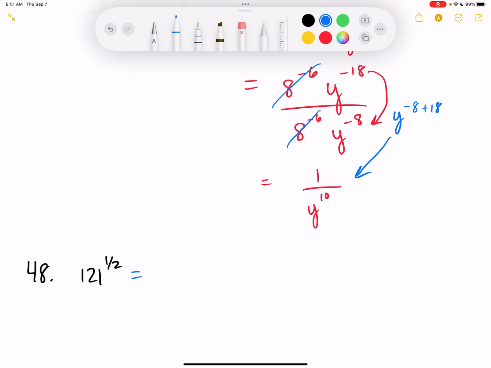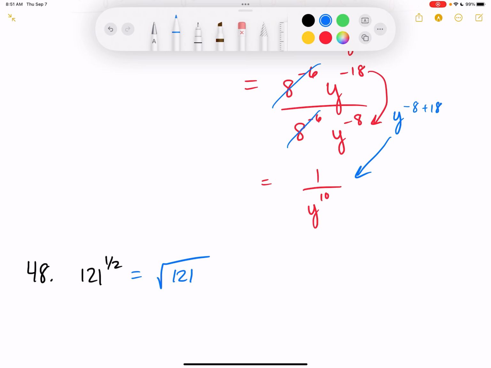So in this case, we are taking the square root of 121. If there was a number up here other than a 1, we would be raising it to that power. So the numerator tells us what power it's getting raised to. The denominator tells us what root is being taken.